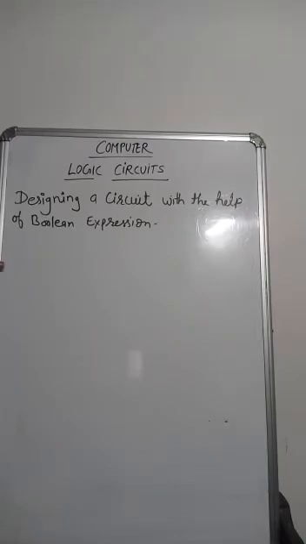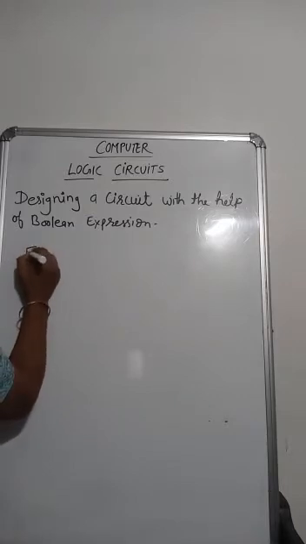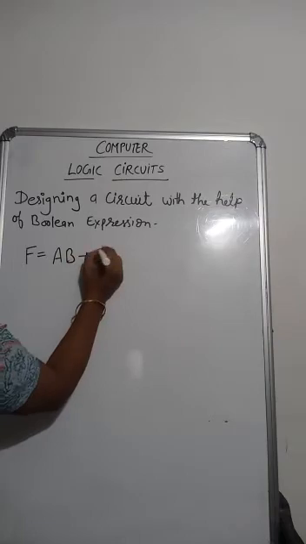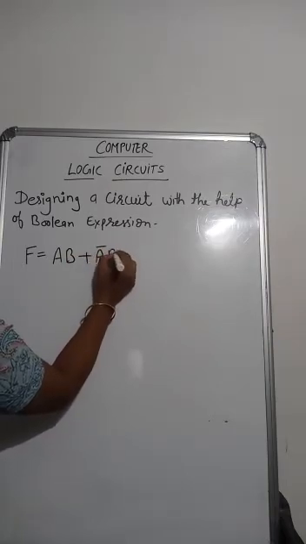Boolean expressions use the operators AND, OR, XOR, NOT, etc. to design an electronic circuit. Example like F equal to A dot B plus A bar dot B.